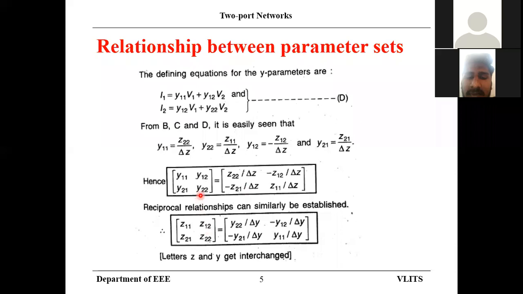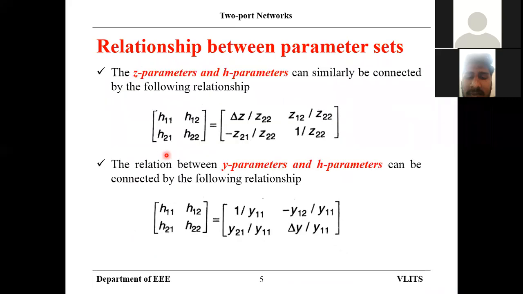For example, first you can find the z parameters, then substitute them in these equations and you will get the y parameters. So we can use these relations to find the different sets of parameters for a given two-port network.